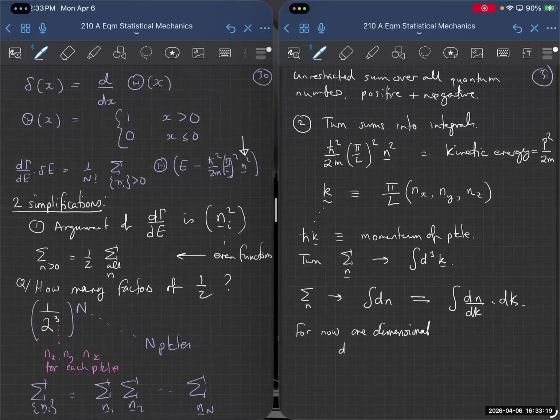So I've got k is pi over L times n. So that says that dk by dn is equal to pi over L, which means dn by dk is equal to L over pi.